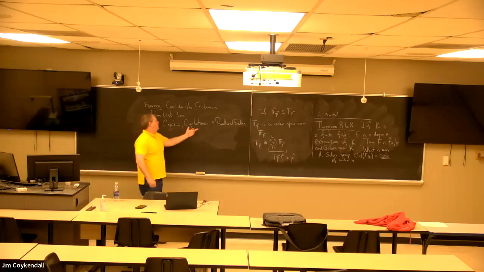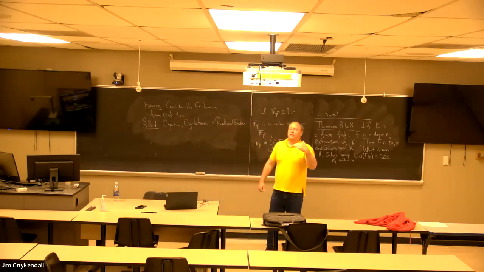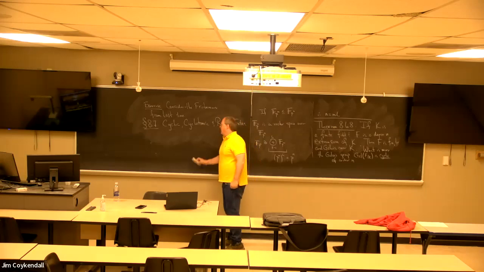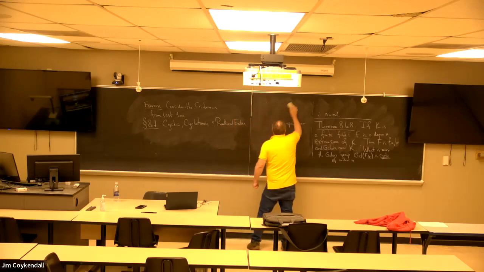So cyclic and cyclotomic extensions, I also throw in radical extensions. Radical extensions are things where you take square roots. So let me give you a little background. I'm going to take you back to a little history of some things I think you might have seen, but please correct me if I'm wrong.